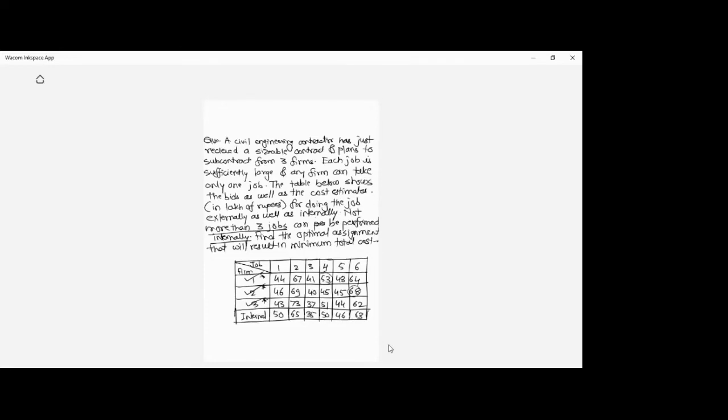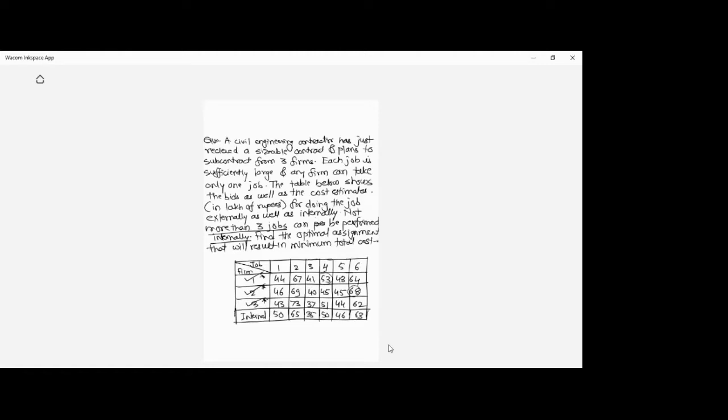So 6 equals 6 will be a balanced assignment problem, right? So here you do not have to go with the conventional method of adding a 0 unit cost. In the problem itself they have said that 3 jobs can be done internally, so we follow that statement, which will be useful for us to design this problem. So I've specifically taken this problem.